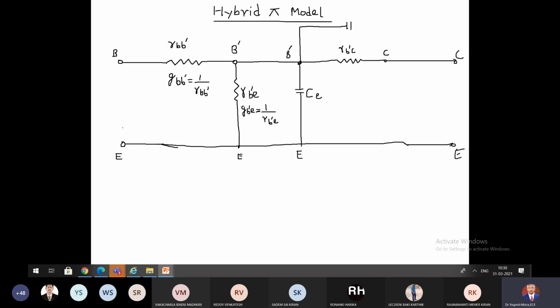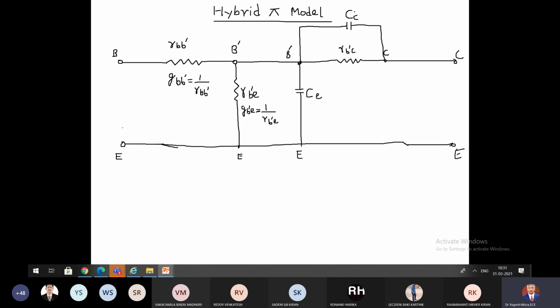This is the capacitor, and C. This capacitor name I have given as CC.